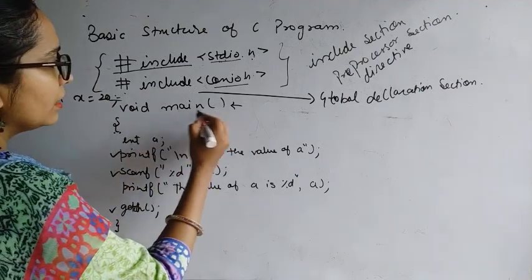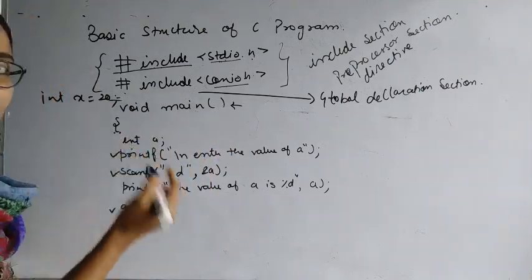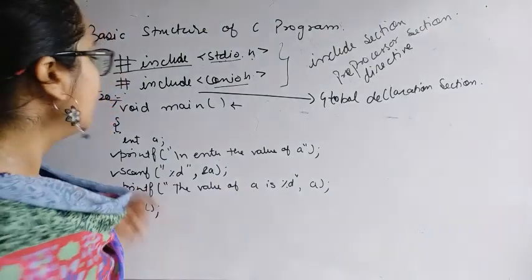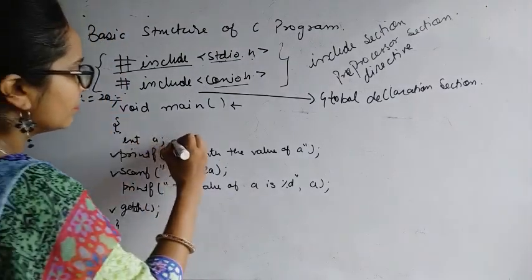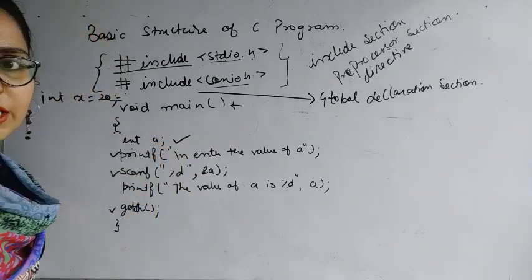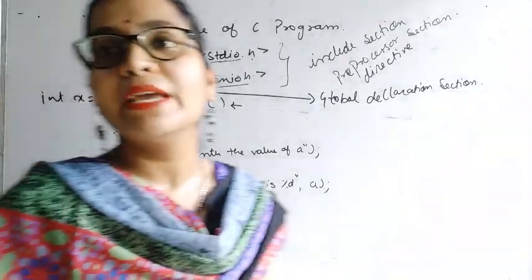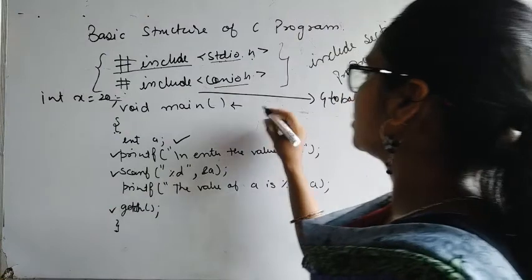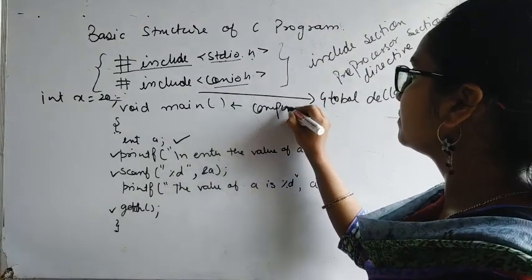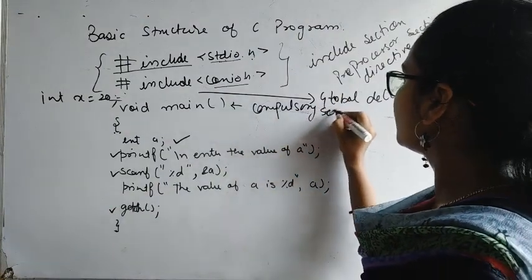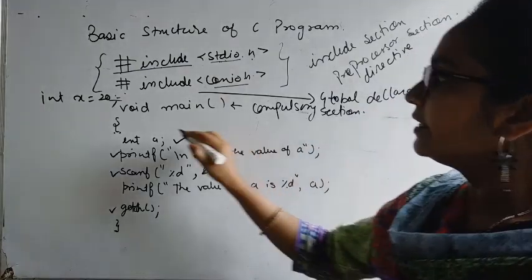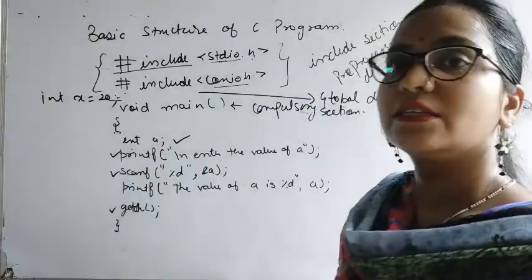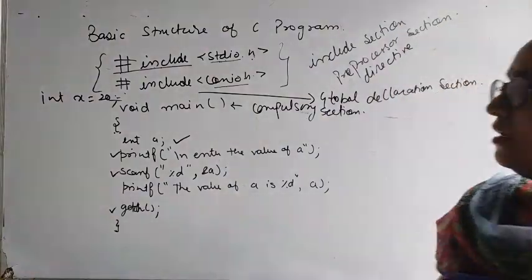All the statements of main will be put in the pair of curly braces. Next comes the declaration section. You have to use a main function. This is a compulsory section. Next comes int a, which is a variable declaration.